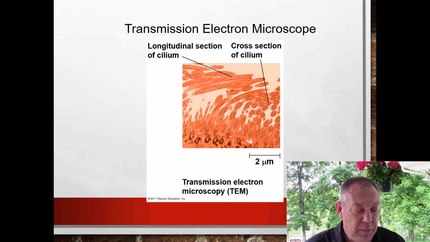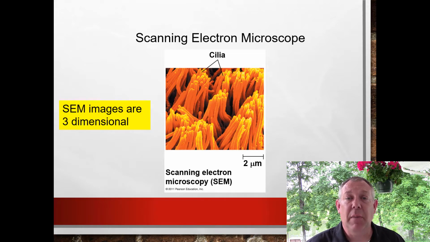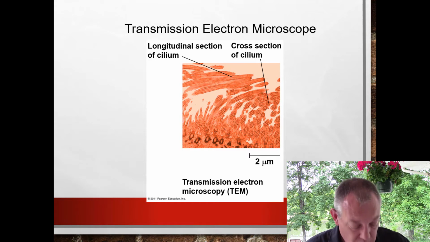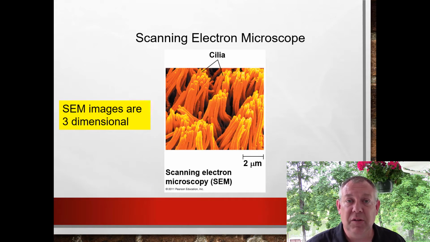But the real cool images come from a scanning electron microscope, because they're 3D, and they look very cool. So if I back up, this is a cilia, the little finger-like projections on the inside of your intestine. And here's the same cilia, so it's the same structure, but you can see the difference. You can see the 3D structure.